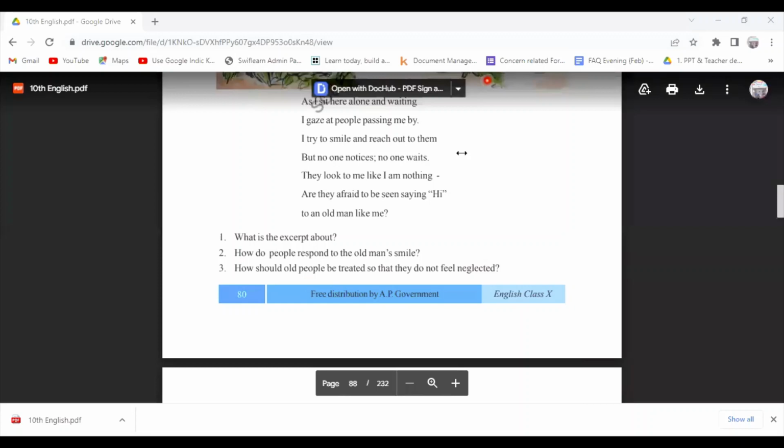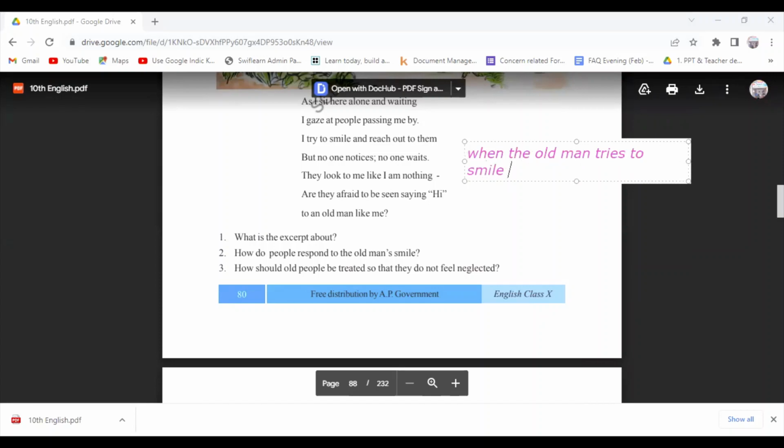Then let's move on to the next question. What is the next question here? How do people respond to the old man's smile? Do you think the people are responding? If they're responding, how are they responding? See, when the old man tries to smile, please make a note of it because it will be very important for you.